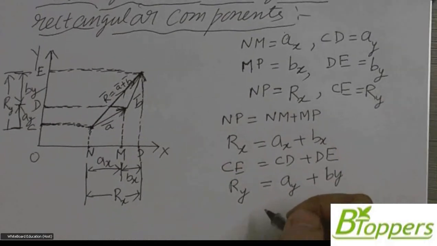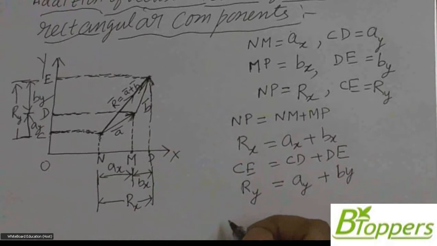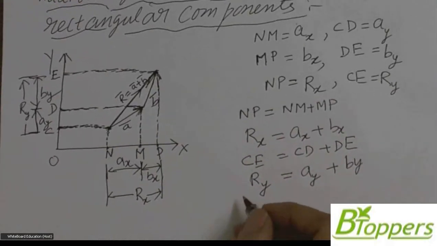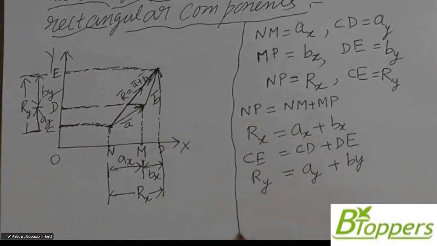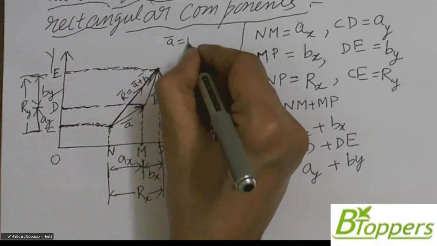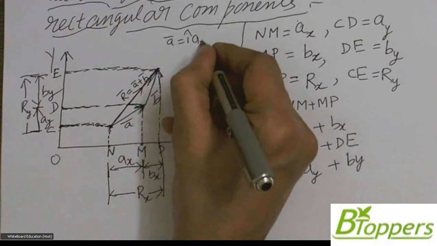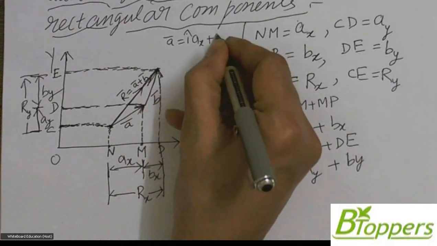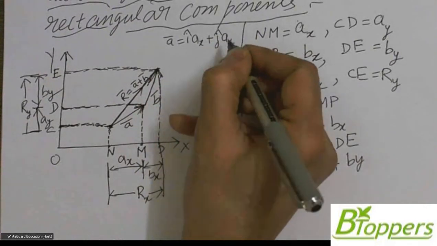So here we can write the vector A bar as i cap into Ax plus j cap into Ay.